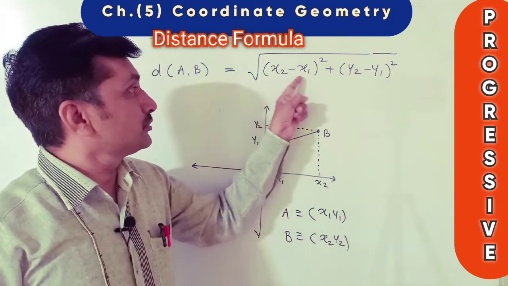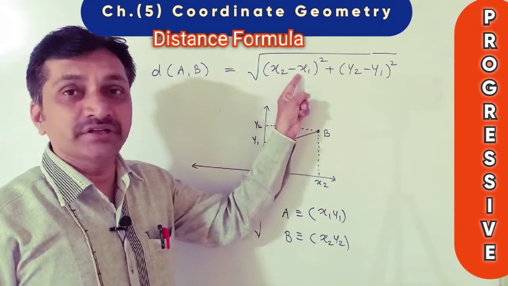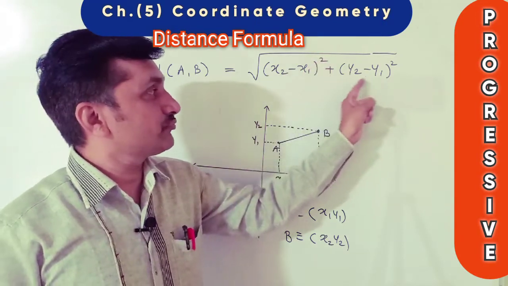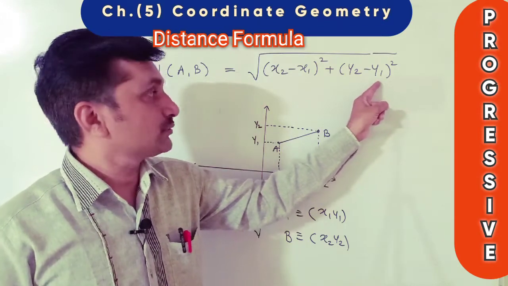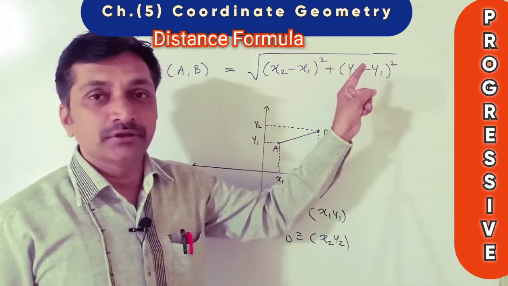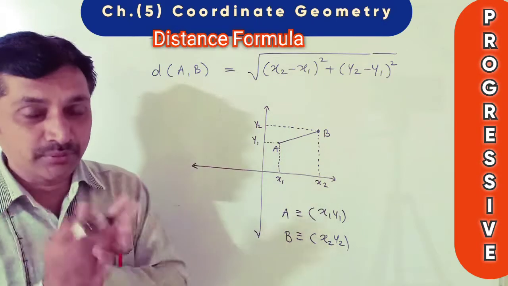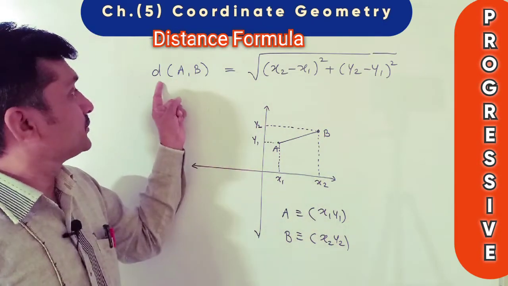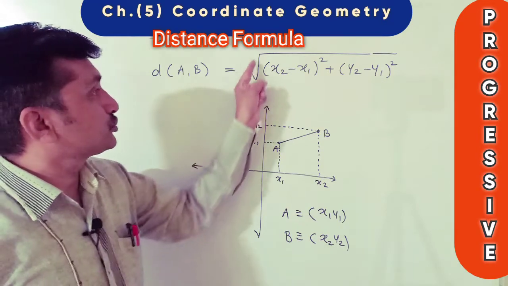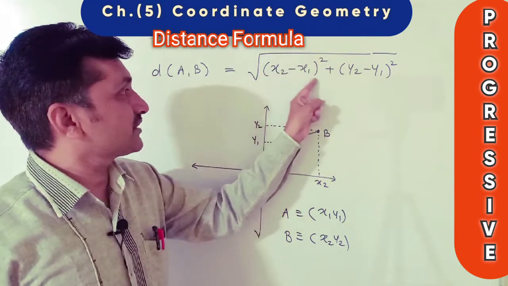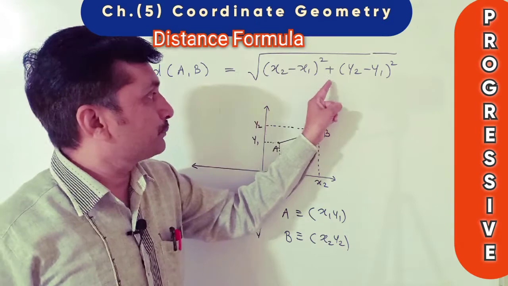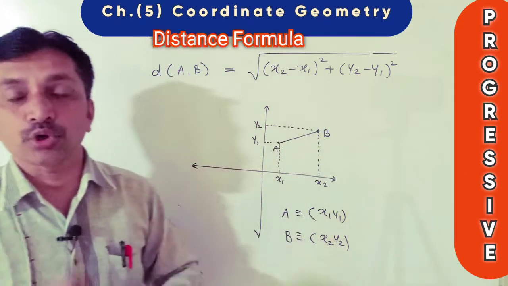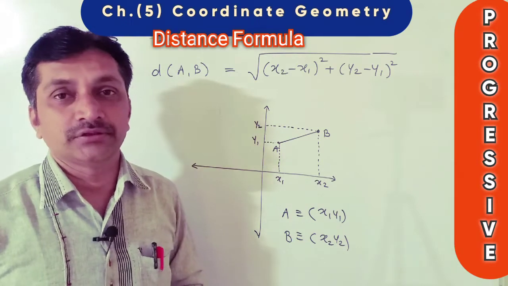Means here you see the difference between the x coordinates, square of that, plus the difference between the y coordinates of both, square of that. Now remember the formula, because all examples are based on this formula only. Distance AB is equal to the square root of (x2 minus x1) whole square plus (y2 minus y1) whole square. This is called the distance formula.